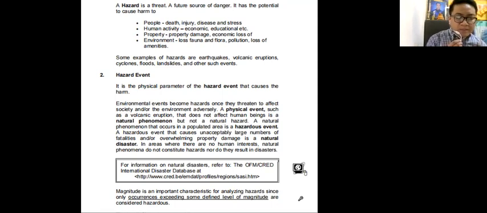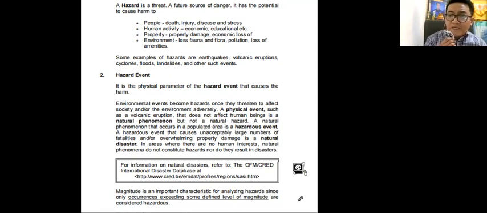Pangalawa ho, ang sabi naman po sa Standard Australia, year 2000, para siyang mga reference po ito. Ang sabi po, a hazard is a source of potential harm or a situation with the potential to cause loss. Pangatlo po natin ang ADPC or the Asian Disaster Preparedness Center, na sabi that the hazard is a natural event that has the potential to cause harm or loss.